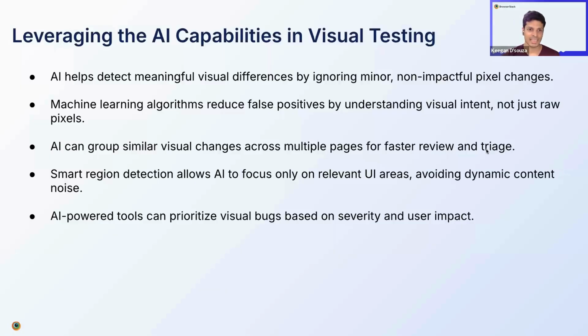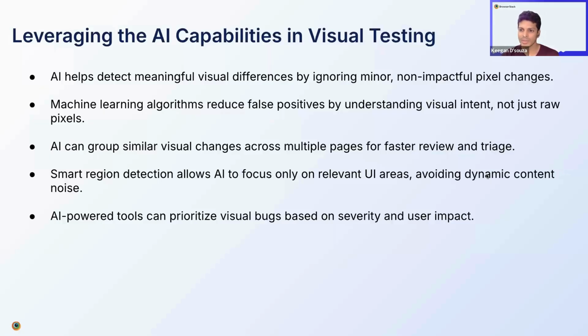You can see a couple of these examples on the screen. Like the first one I talked about, we are trying to make sure that you only see the visual differences that are important for a human to review, and maybe not one little pixel of padding added to your button. So you're only spending time reviewing the changes that are actually relevant.